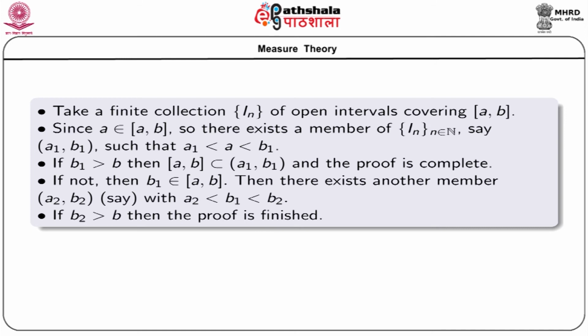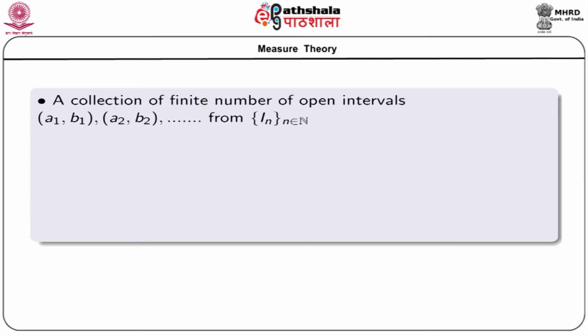Again, two situations can arise. If b2 is greater than b, by the same argument we have closed interval a b subset of open interval a1 b1 union open interval a2 b2, and the proof will be complete. Otherwise, the number b2 should be less or equal to b, and again I can get another member from the collection I n, say a3 b3, which contains the number b2.